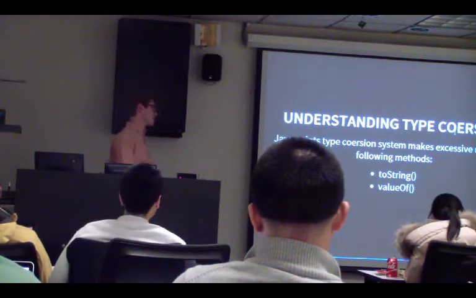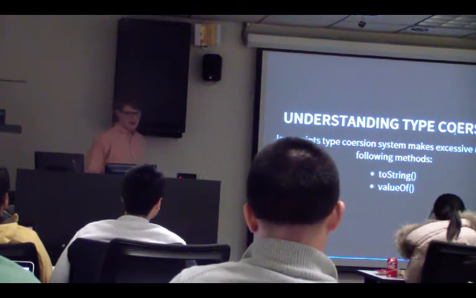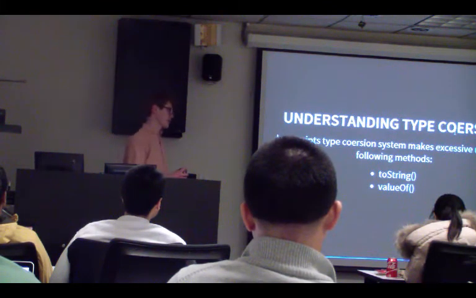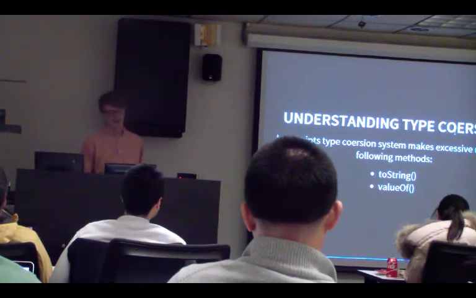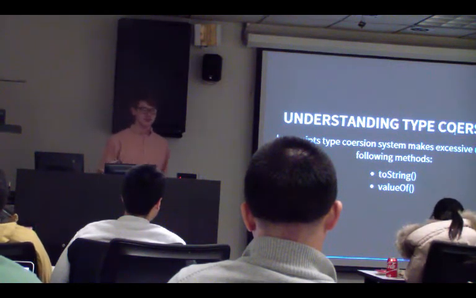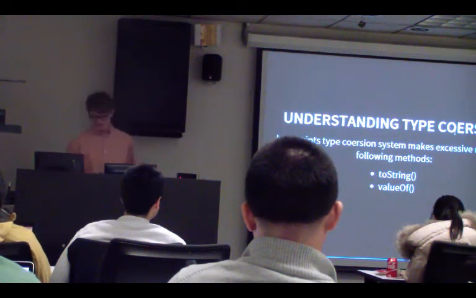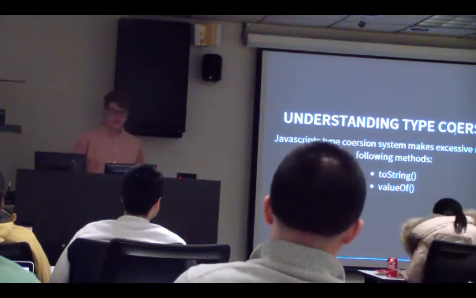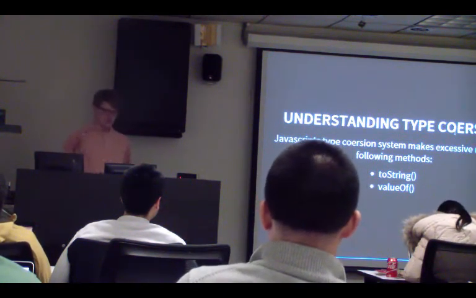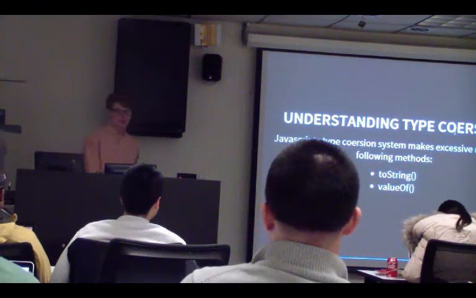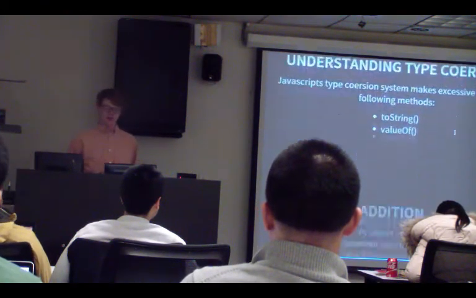And valueOf, for most objects, the goal is to return a primitive, but most objects cannot be represented as a primitive, so it just returns the object itself and doesn't actually do anything. JavaScript is able to tell if the object is a wrapper of a primitive type using that valueOf.